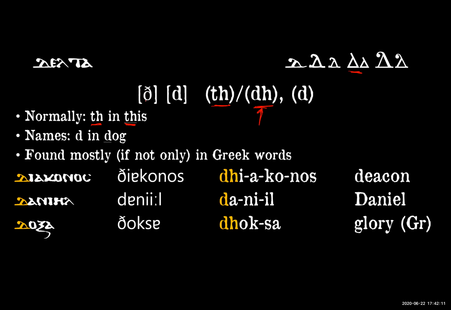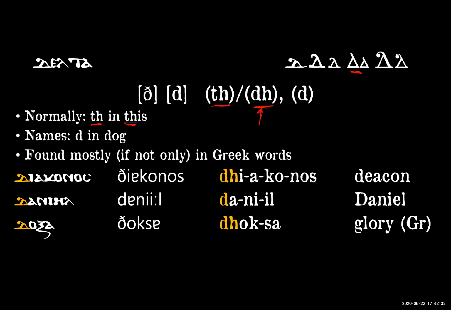But if it's in a name, then it's going to retain the old D sound, because names usually shouldn't change regardless of the language evolving. Although at times it does, but it usually shouldn't. So here, if it's in a name, it's a D, but any other time, it's a the sound.